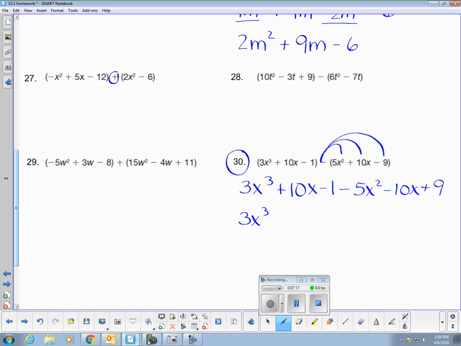X cubed, my next highest exponent, negative 5x squared, 10x and negative 10x cancel to 0, and plus 9.